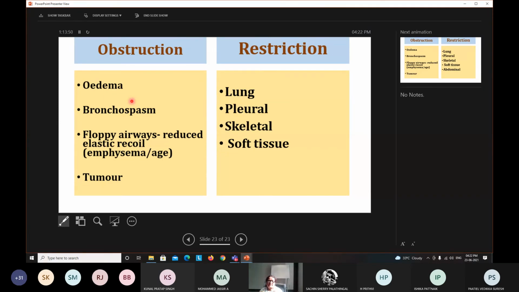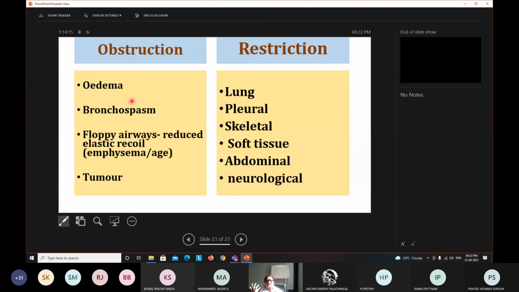Say, for example, any pericardial effusion will restrict the movement, restricting the expansibility. Or any abdominal ascites, as I told earlier, may limit the downward movement of the diaphragm, or any neurological disease which affects the respiratory muscles, wherein there is a restriction for the expansion of the chest wall, which in turn restricts the expansion of the lungs.